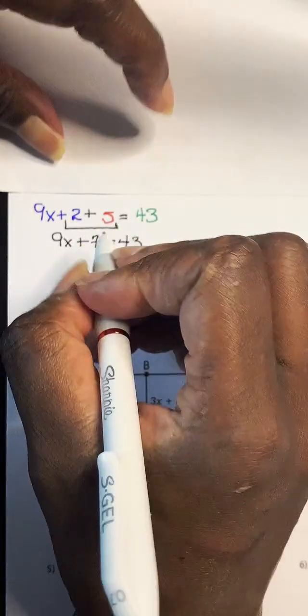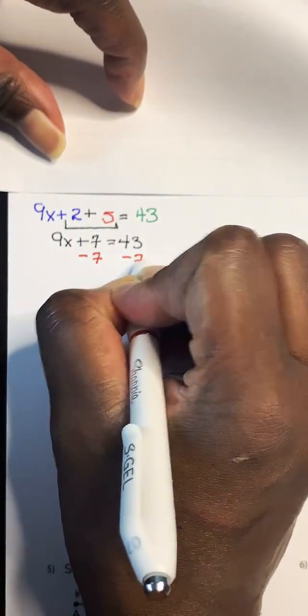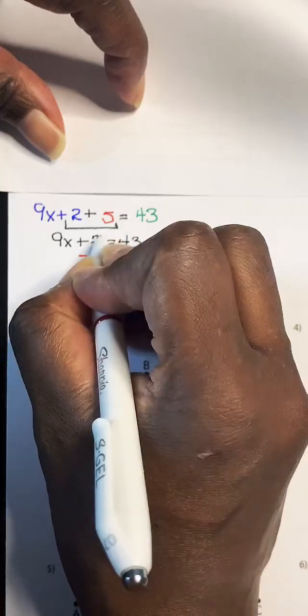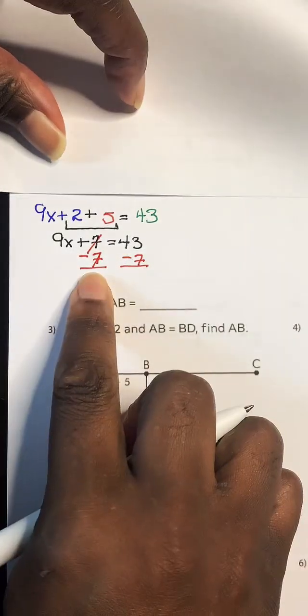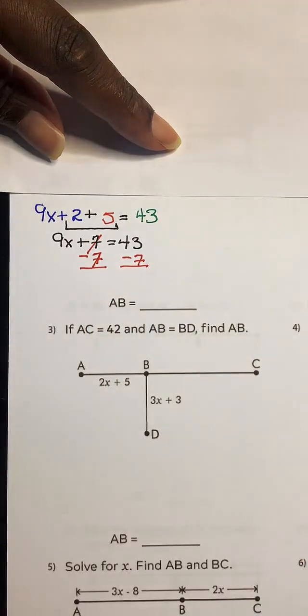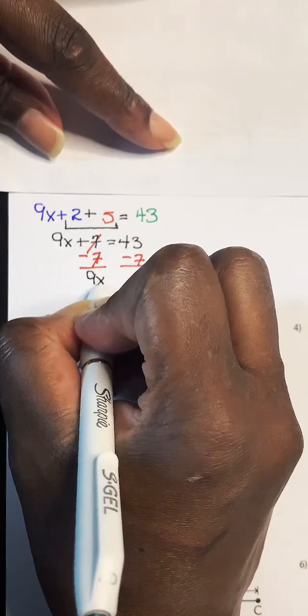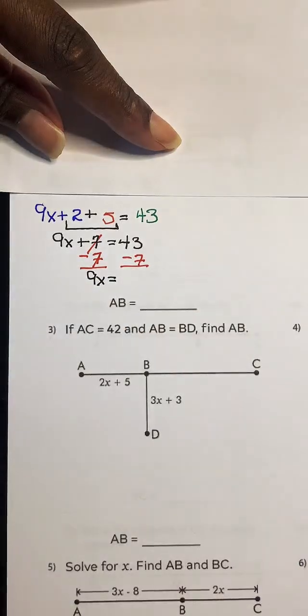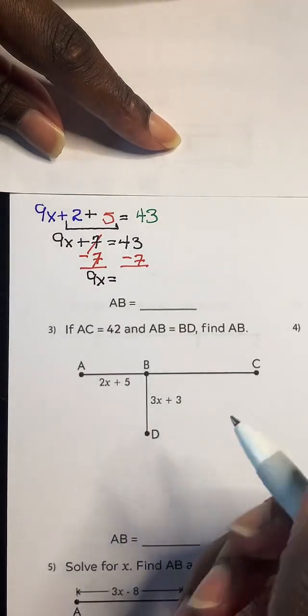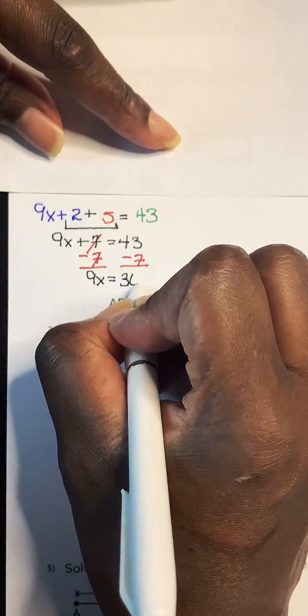So we subtract 7 on both sides. 7 minus 7 gives me 0, but we don't need the 0 because we still have this 9x on the left-hand side, so we can just bring that down. Now we do 43 minus 7, which gives me 36.